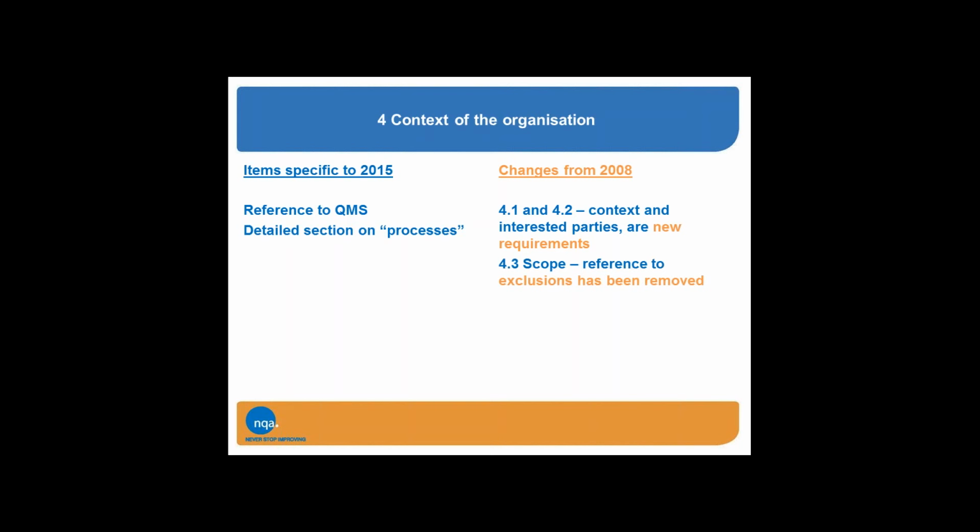The term exclusions has been removed in the section on scope, although there is a sentence that does indicate that you could argue, if you like, that a requirement is not needed if it does not affect the conformity of your product or service. And then, as I've mentioned on the left-hand side, we have this emphasis on the quality management system and its processes. So we have this elevated focus on processes both here and throughout the standard.